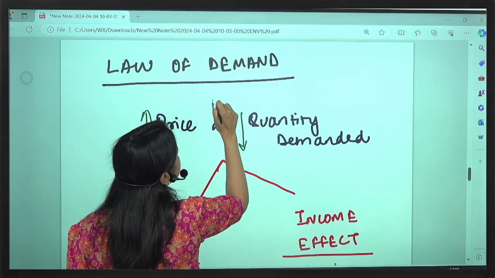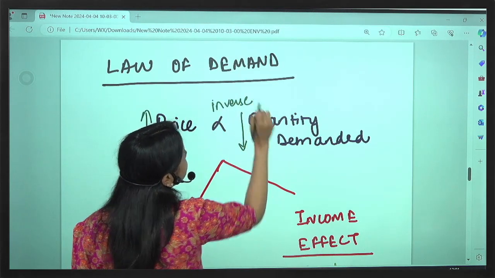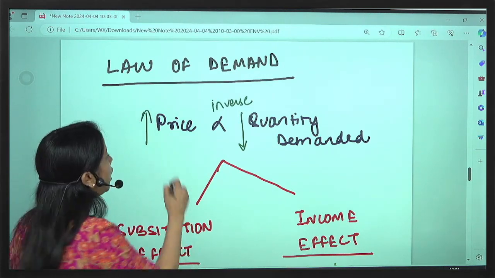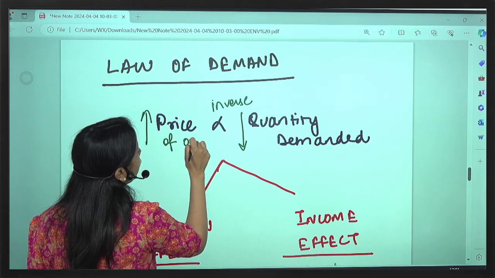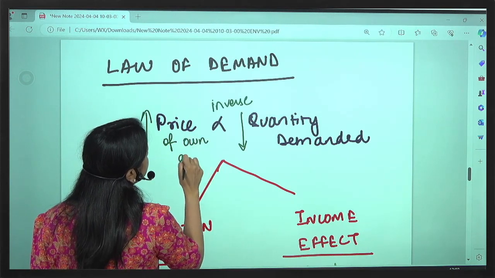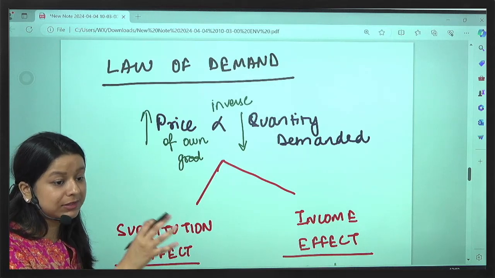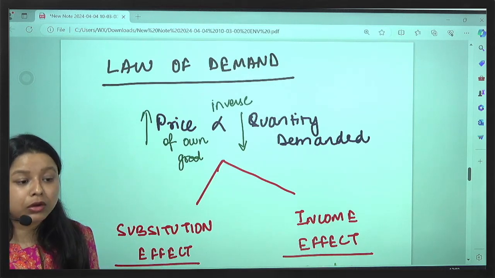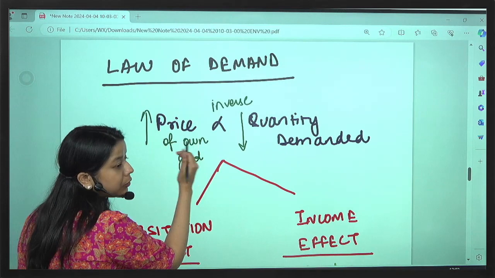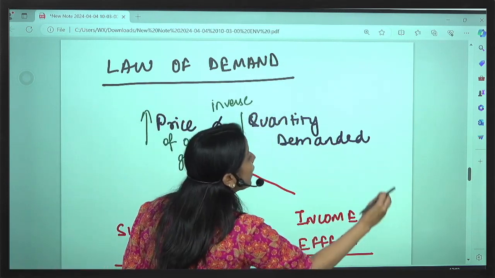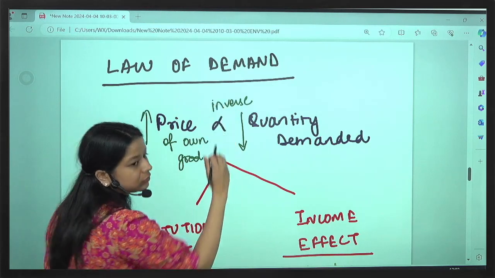There is an inverse relationship with the price of the own good. When I say own good, I mean the price of the good that is being consumed, that is being talked about. For example, mangoes. Price of mangoes goes up, quantity demanded of mangoes goes down.